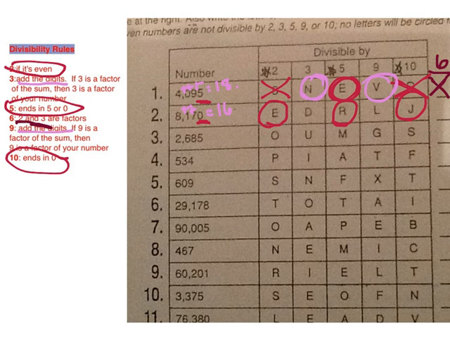We don't get to 16. So therefore, 3 does not go into 8,170. Does 9 go into 16? No, it does not. So it doesn't go into 8,170. And if we look at 6, 2 and 3, are they both factors? No, so therefore 6 is not a factor. Let's look at the next one.